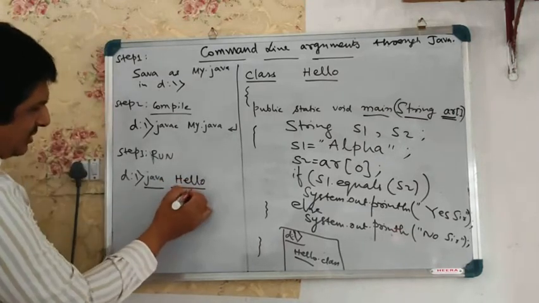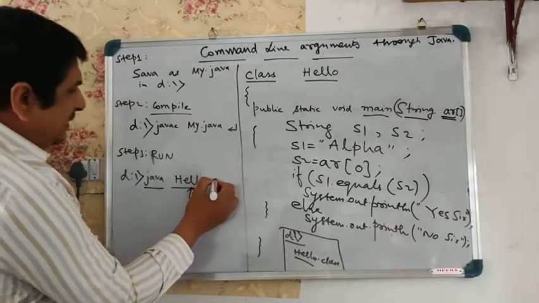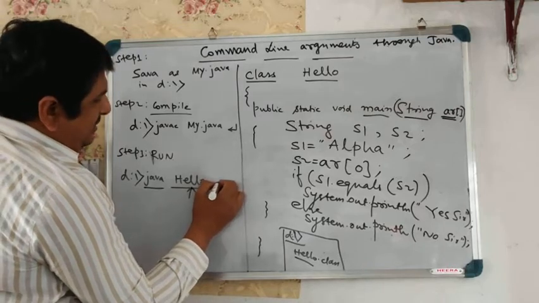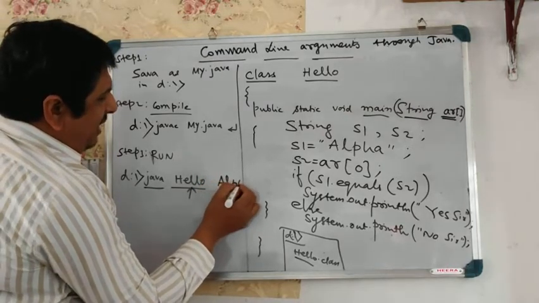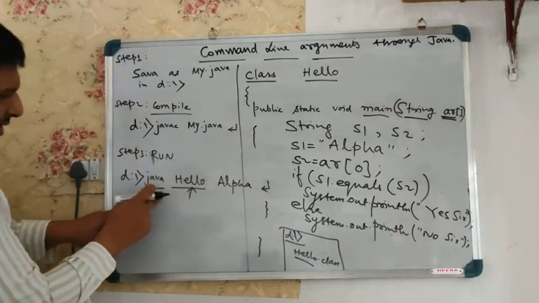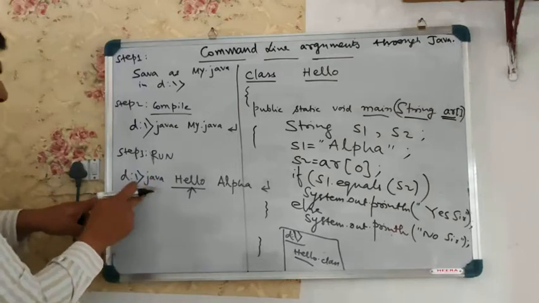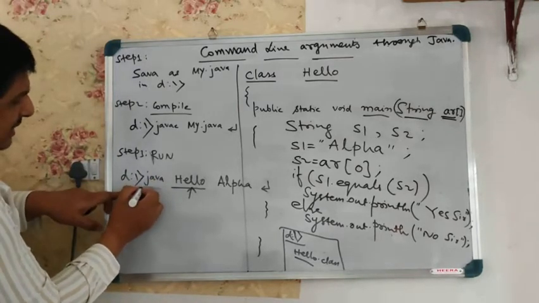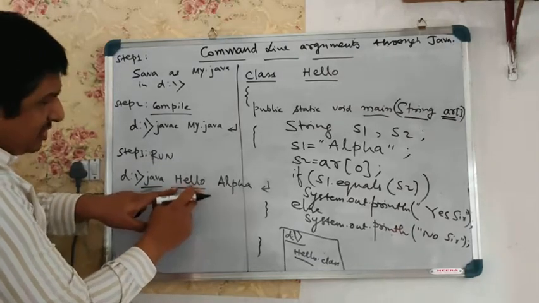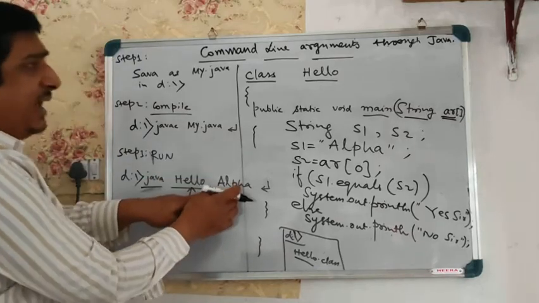So this is your customized program, and here you have to provide one argument. If I write alpha, see what we write: java, this is the Java interpreter, and this is your Hello program, which is nothing but the bytecode, which takes alpha as an argument.